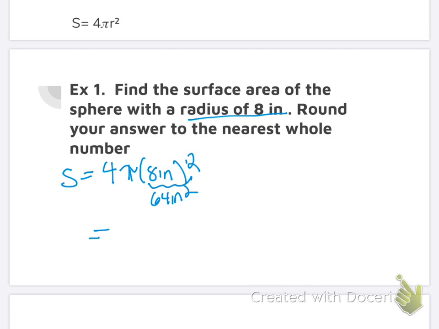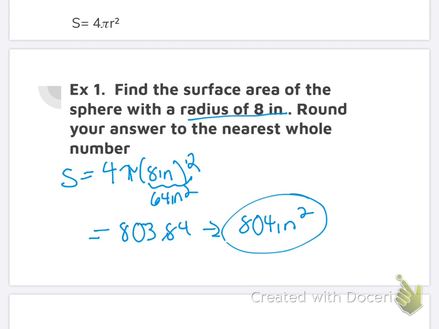So I end up with 4 times 64 times 3.14, which gives me, and it says round to the nearest whole number, well, I ended up with 803.84. So to round to the nearest whole number, that's 804 inches squared for my surface area.